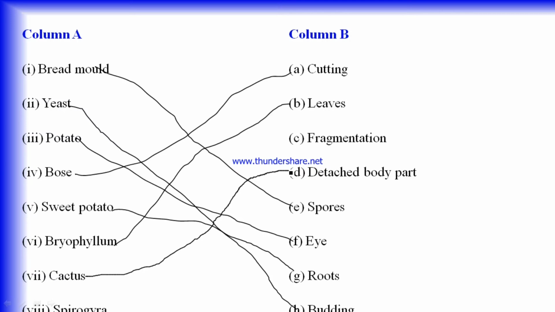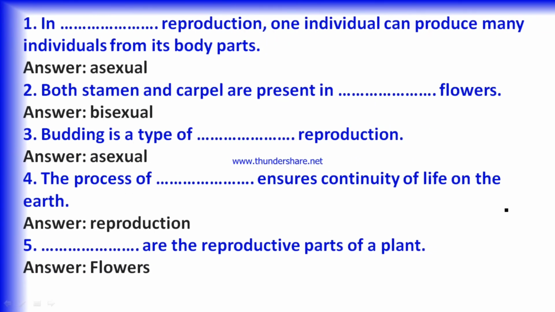Then spirogyra is reproduced by fragmentation. So here are the matches. Bread mold, option E, yeast, option H, potato, option F, rose, option A, sweet potato, option G, bryophyllum, option B, cactus, option D, and spirogyra, option C. Next question. Here is the fill in the blanks.